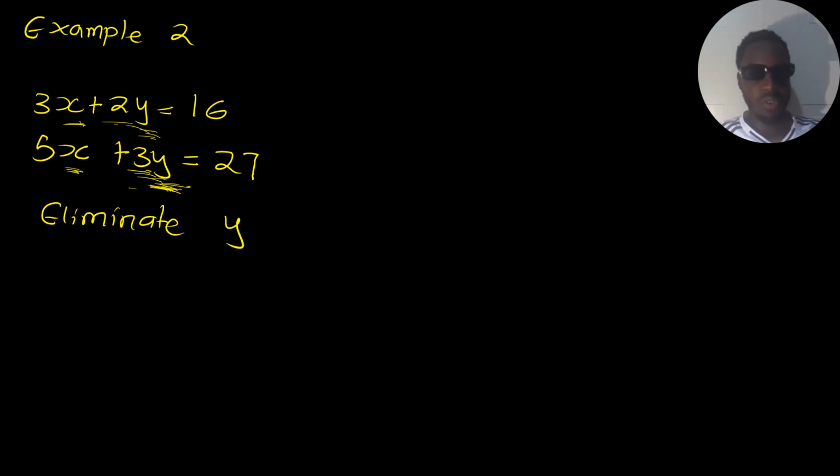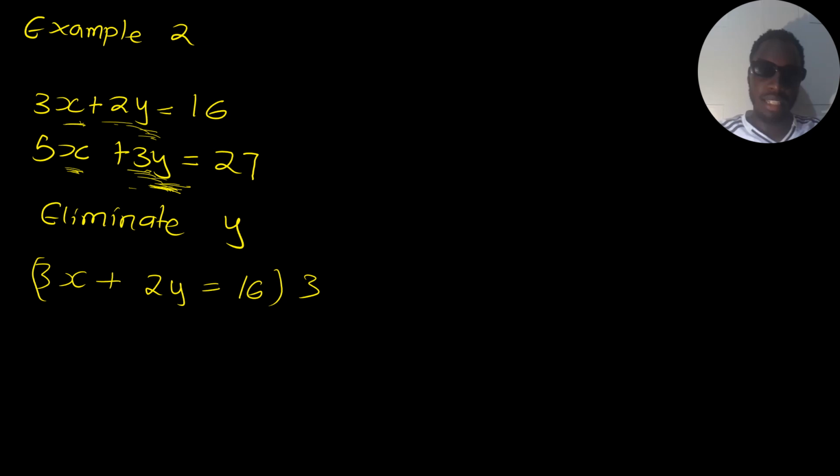Now the LCM of these two numbers is 6. So in order to get 6 as the coefficient of y, we will multiply the first equation, 3x plus 2y is equal to 16, by 3, such that when we multiply this 3 with 2, we'll get 6y.